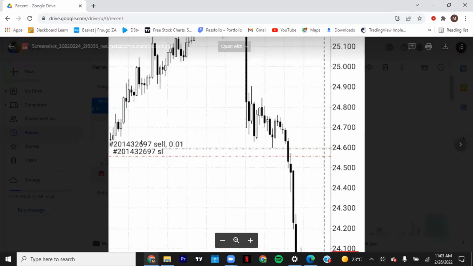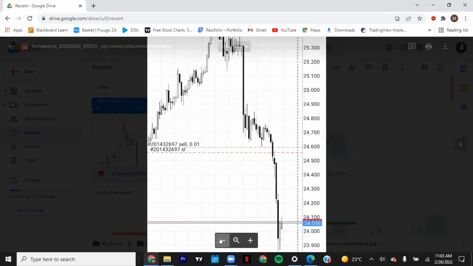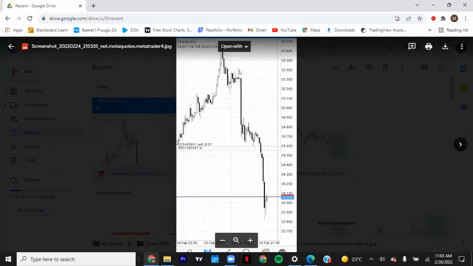As you can see, I had a sell position, quite a small one, because this was late. I should have caught it around these areas. This was a good impulse to the downside, followed by a nice, quick 50-minute flag.